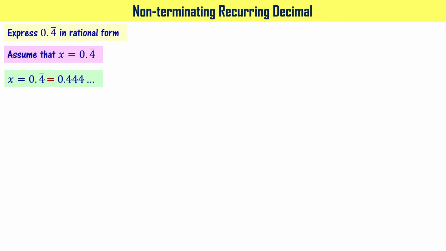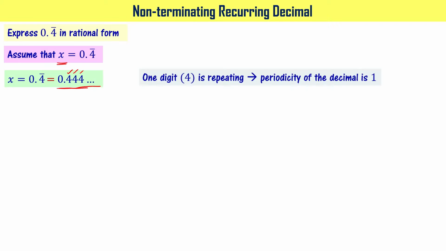Let me assume that as x. As you see here, number 4 is repeating multiple times, right? Only one digit, that is number 4, is repeating. That's why we can say that the periodicity of this particular decimal is 1.